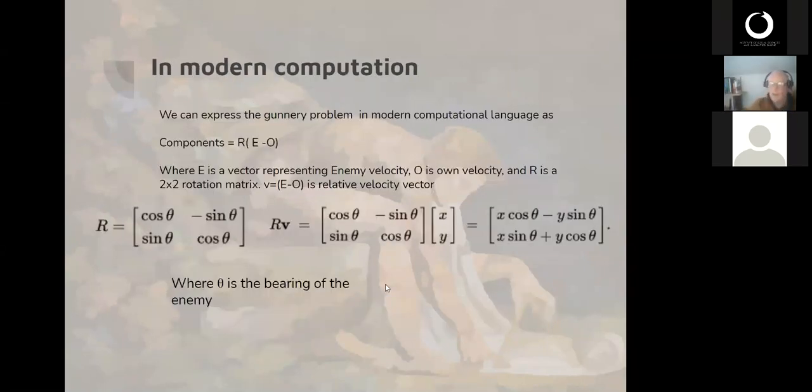But if we express this in modern maths, you've got to extract the coordinates. So E is the vector representing one ship, O the other ship, you subtract one from the other, and R is a rotation matrix.